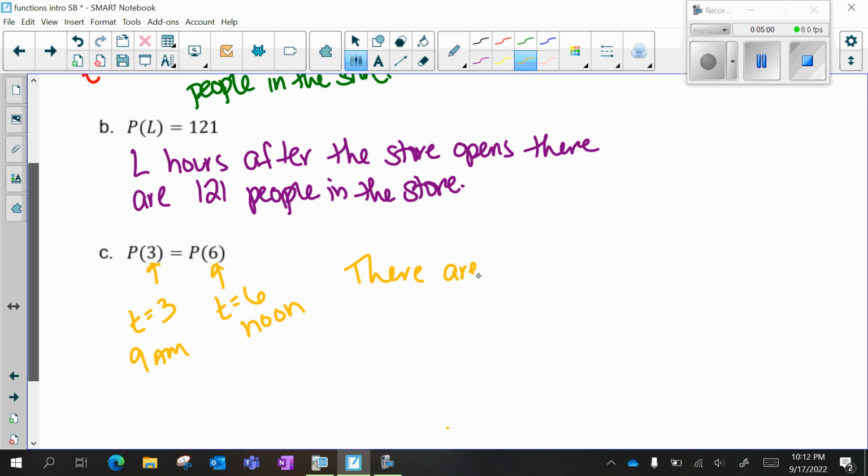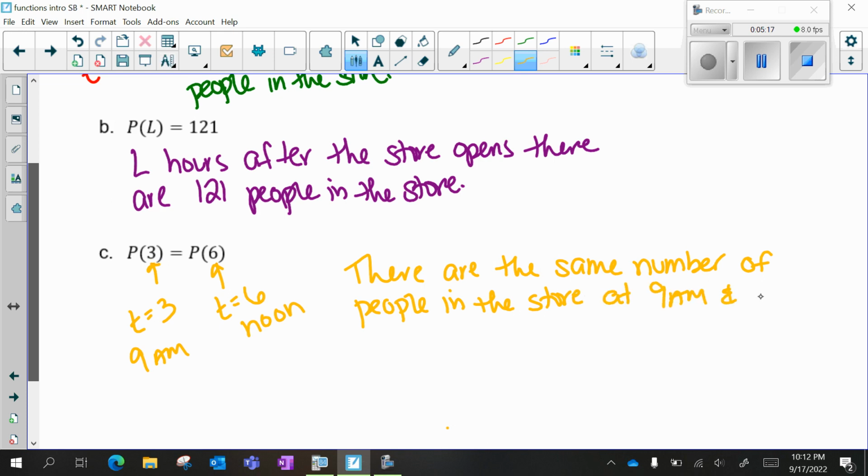So there are the same number of people in the store at 9 a.m. and at noon. So that's how we use function notation to interpret things or represent things in context or in real life.